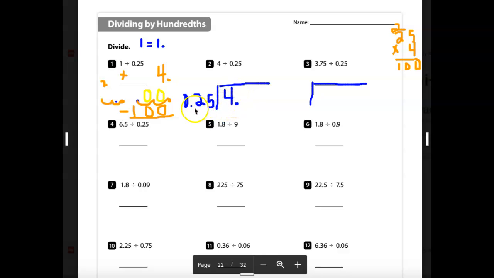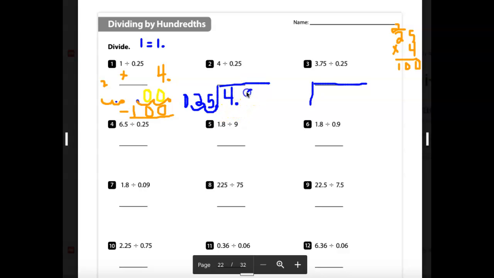So we've got 4 divided by 0.25. Now remember, we can never have a decimal in the divisor. So we have to move the decimal in the divisor over to the end of the number, okay? Whatever we do here, we have to do here.